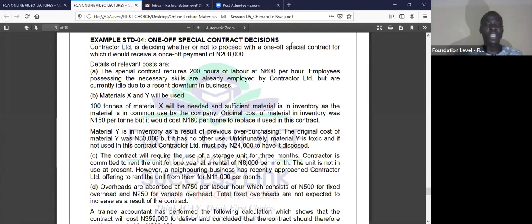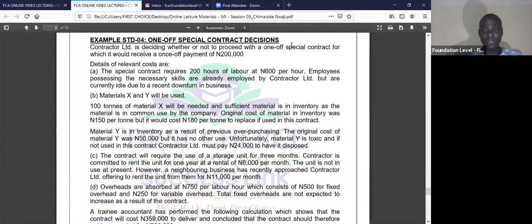The special contract requires 200 hours of labor, and that labor is paid at 600 naira per hour. Employees possessing the necessary skills are already employed by Contractor Limited, but are currently idle due to a recent downturn in business. Now, what do you think?